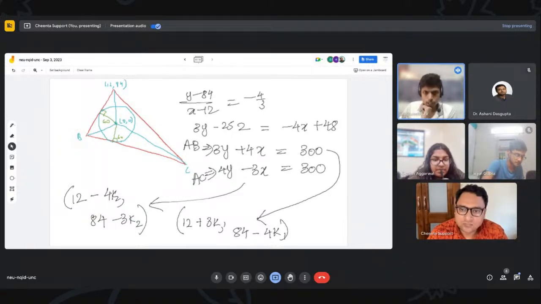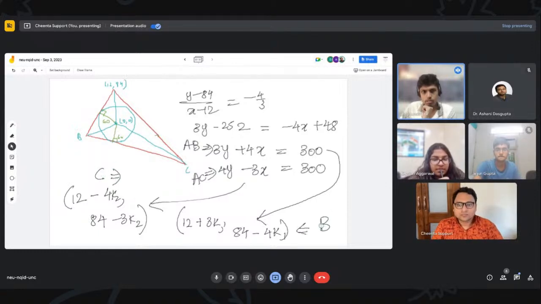So this is point C, this is my point B. Now BC should be at a distance of 60 from the origin. I just have to find that thing. Will that be easier or will that be difficult?